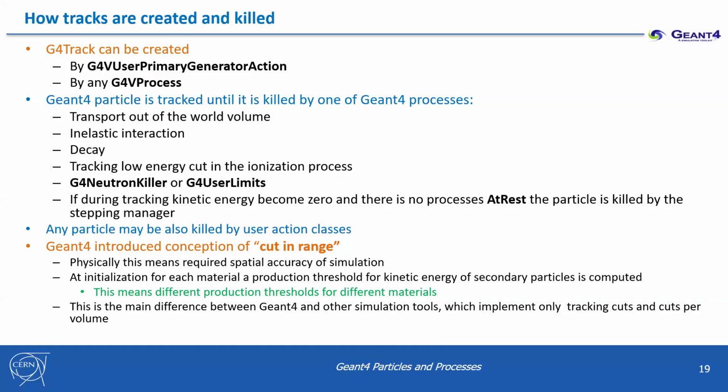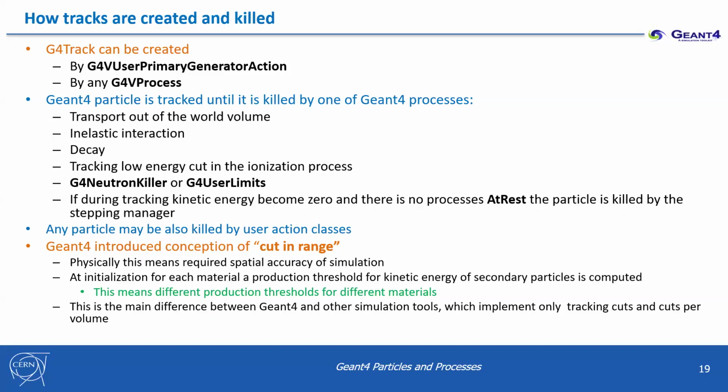So in the beginning of a given event, a number of primary particles are created, and then they are transported through your setup. Or maybe by a G4VProcess. Any physics process may provide a list of secondaries if this process is chosen as the process whose interaction is chosen at the given step.